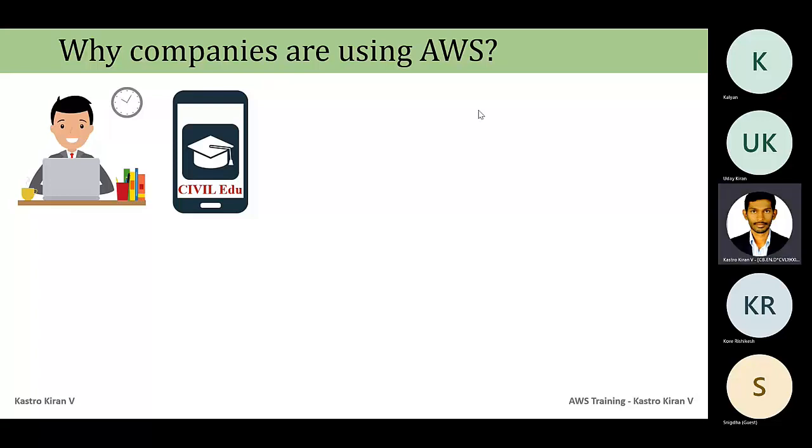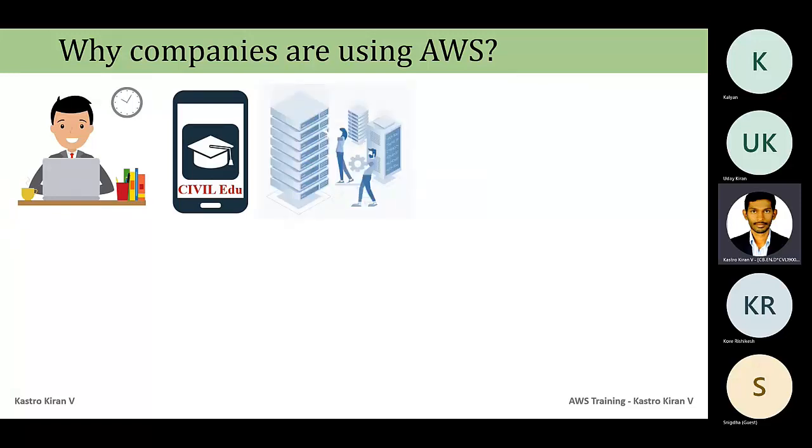Whenever I want to launch an app or a website, I have to have servers, a server room, and take care of the maintenance. Here I'm talking about a small app, but let us assume it company-wide.